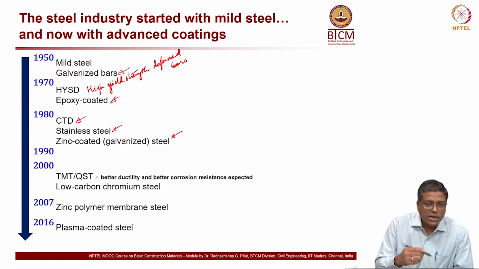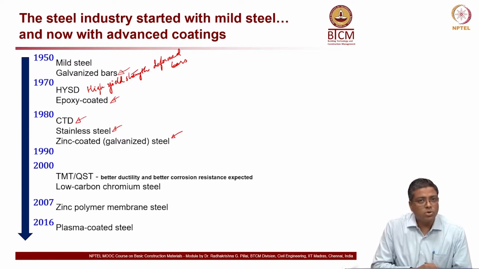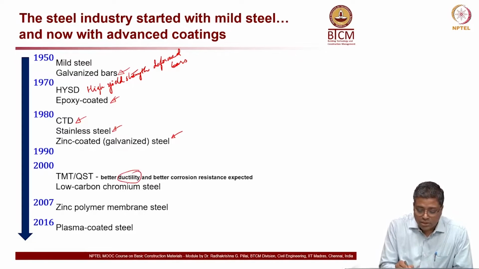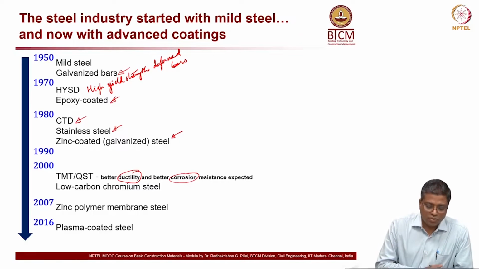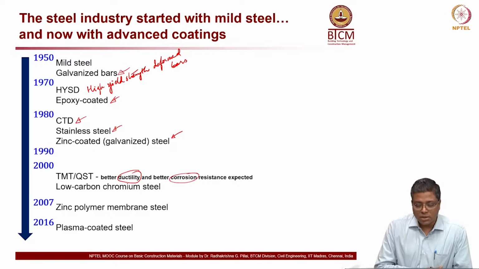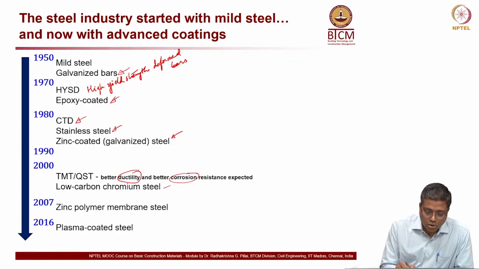And then in the 1990s not much change, but after 2000 we started seeing PMT, mainly for ductility and corrosion resistance, higher strength also, without really modifying much of the manufacturing process, in the sense not really too much cost, but it was a low cost option available to enhance the ductility and at the same time to get better strength also. And also low carbon chromium, which is corrosion resistant steel.